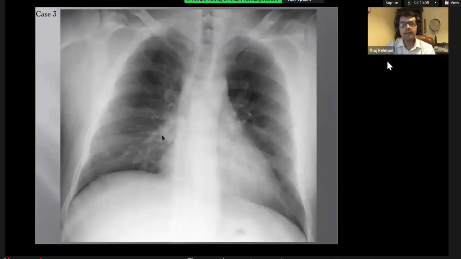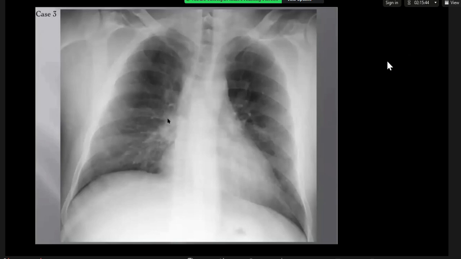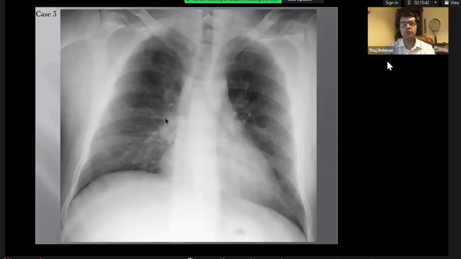Whereas in this instance, you can see the blood vessels through the opacity. And the hilar point here is not obscured. So that means this abnormality is not sitting in the hilum. It's either anterior to the hilum or posterior to the hilum. So what's anterior to the hilum?